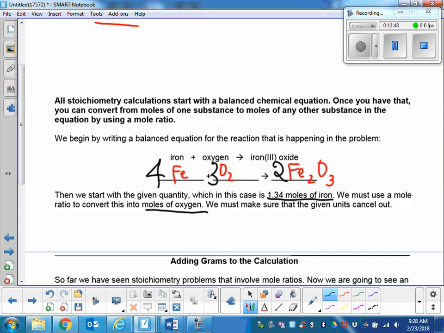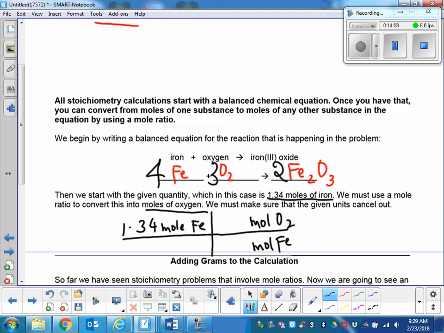Okay? So if we start with 1.34 moles of iron and we need to find out moles of oxygen. Are you with me? What is first given to me? 1.34 moles of iron. Is that right? What do I cancel out of? Moles of iron. What am I trying to get into? Moles of oxygen.